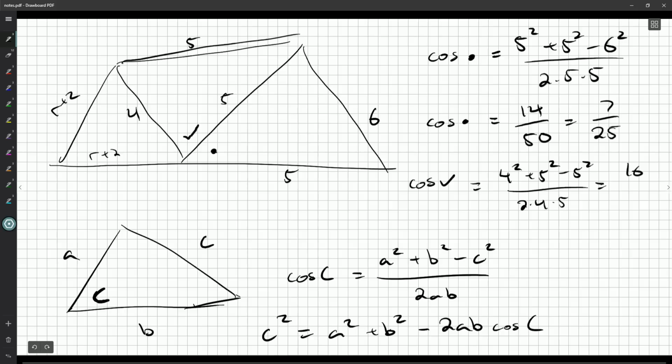So the 2 5 squareds will cancel out. We'll get 16 on top, divided by 2 times 4 times 5. So that should be 2/5. So the cosine of this is 7/25. The cosine of this is 2/5. I can figure out this remaining angle that I will call theta.